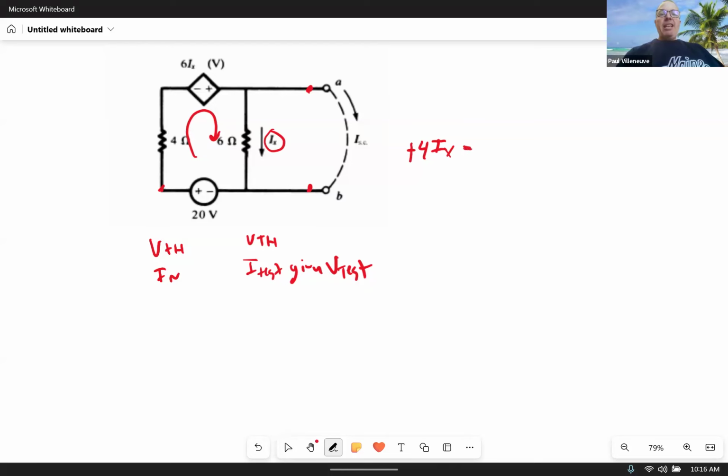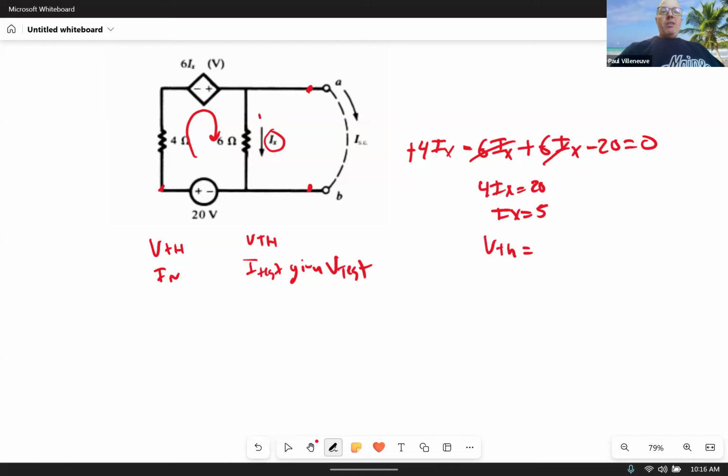Minus to plus is -6IX plus 6IX. And then minus to plus, -20 equals 0. So these two cancel out, and I've got 4IX equals 20. So IX equals 5, and V Thevenin equals 6 times 5, or 30 volts.